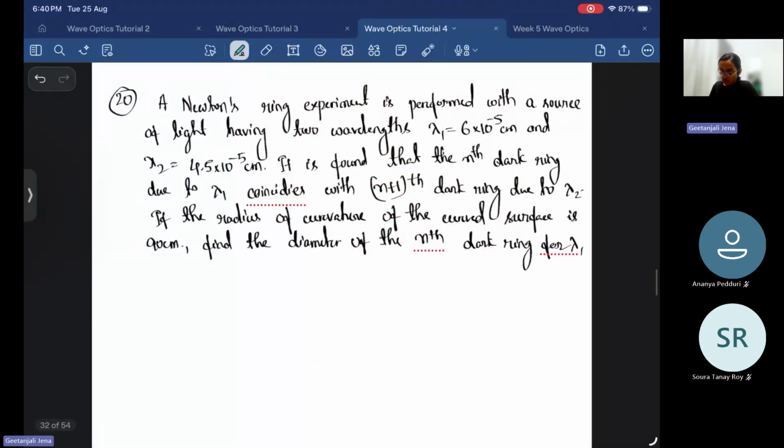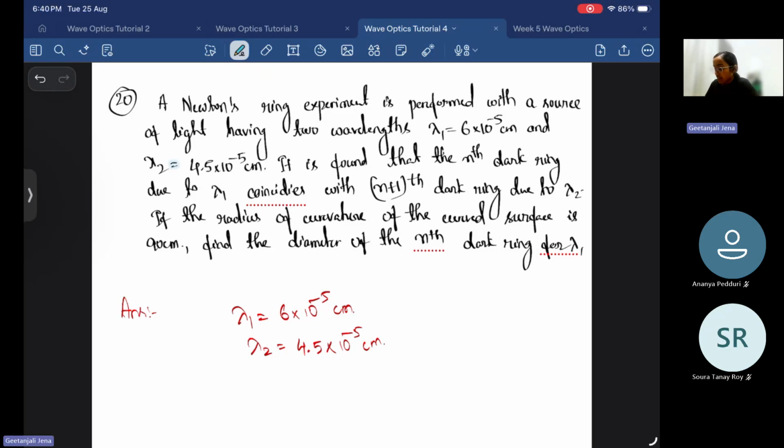Okay, the next question is the last question for week 4. In Newton's ring experiment, it is performed with a source of light having two wavelengths. Lambda 1 is 6 into 10 to the minus 5. Lambda 2 is 4.5 into 10 to the minus 5.